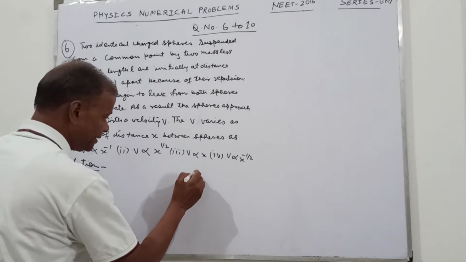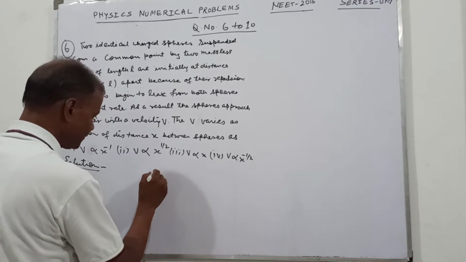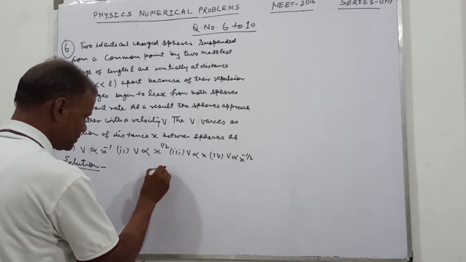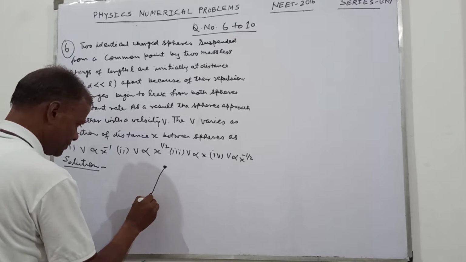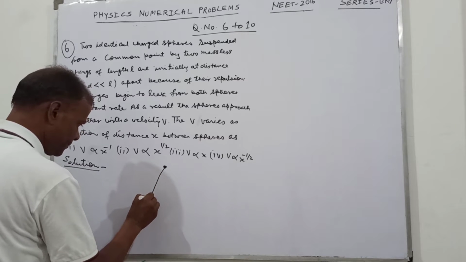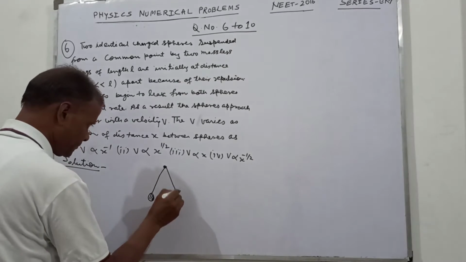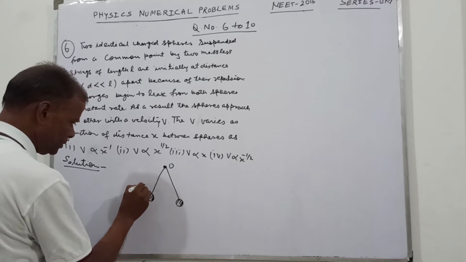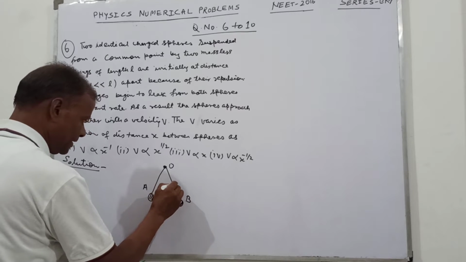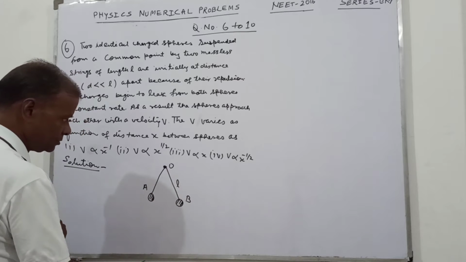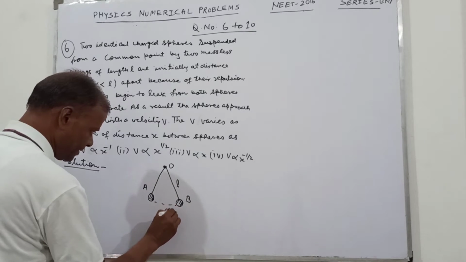So what is given here? Initially, this is the single point O, this is sphere A, this is sphere B, and this is the length of this thread, and the distance between them is now given as d.